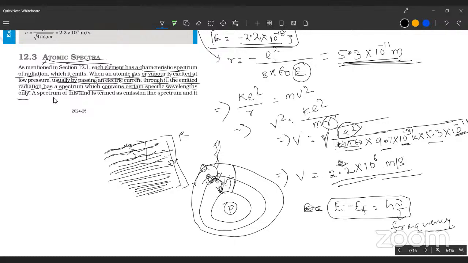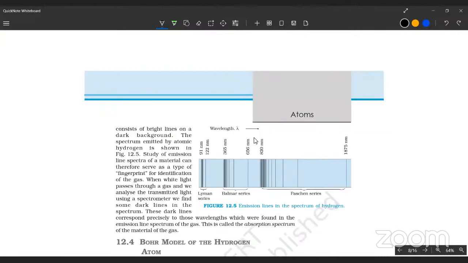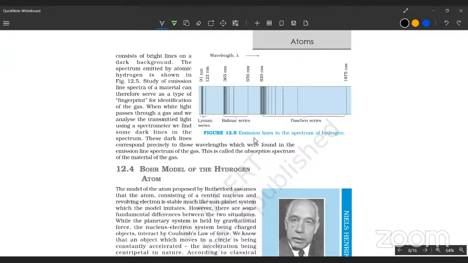A spectrum of this kind is termed an emission line spectrum, and it consists of bright lines on a dark background.